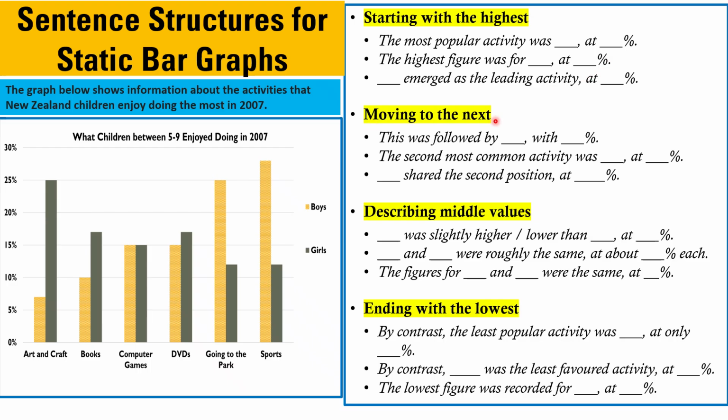To move to the next category, we can say, this was followed by going to the park with 25%, or the second most common activity was going to the park at 25%.